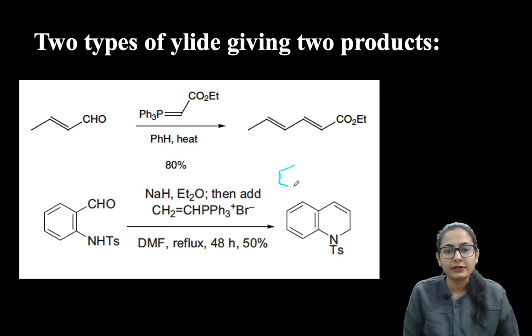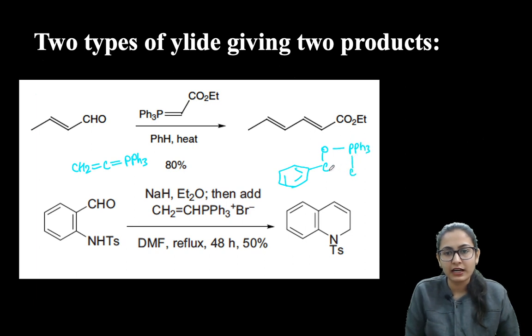So for example, your ylide actually looks like this. Okay, so it is going to give us an intermediate like this, that this is your carbon, oxygen, phosphine, another carbon, and another double bond CH2, and here is the NH tosylate group.